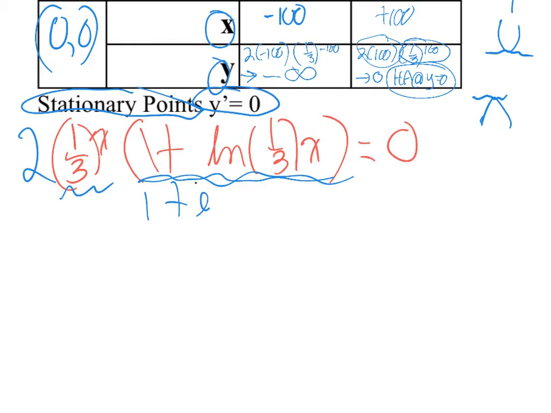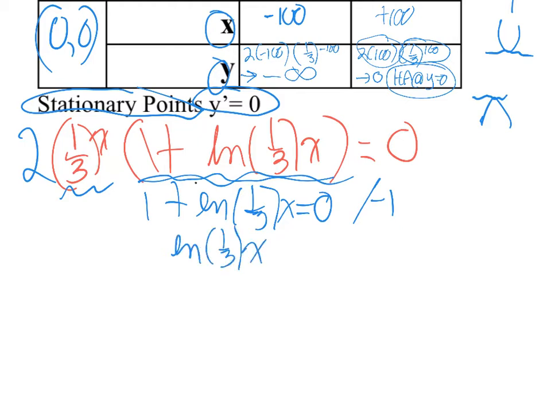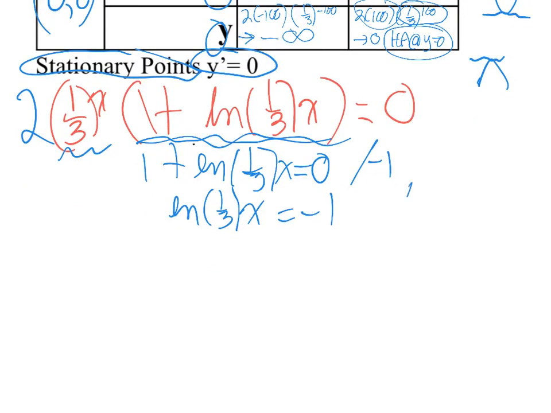1 plus ln of 1/3 to the x equals 0. So I would just minus 1 on both sides, right? So I have ln of 1/3 to the x equals negative 1. And then I'm going to divide by ln of 1/3.